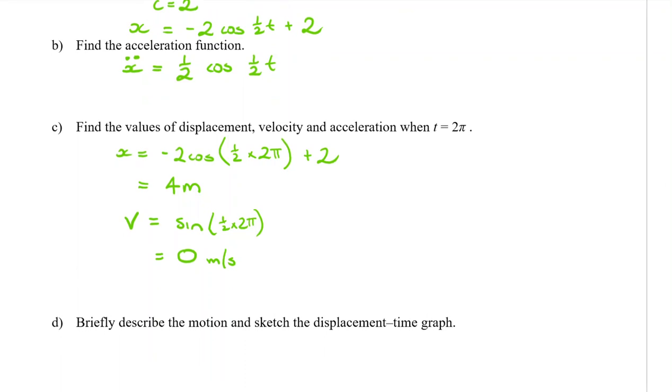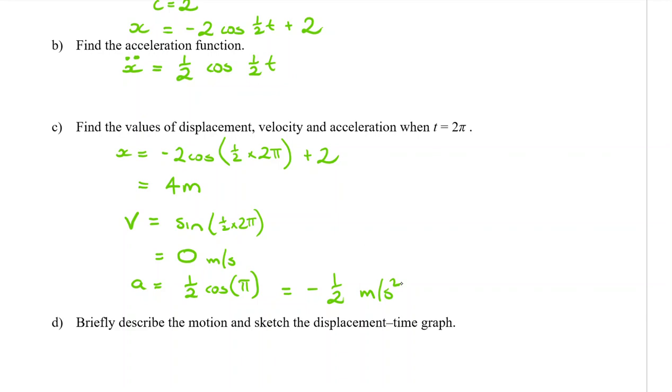And then acceleration, the one from part B, is half cos pi this time. So cos pi, and that will be equal to, has anyone done it? Negative a half meters per second squared.